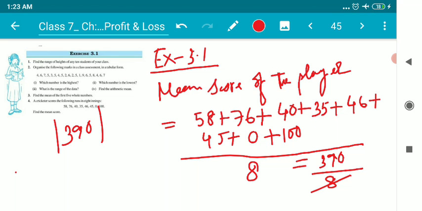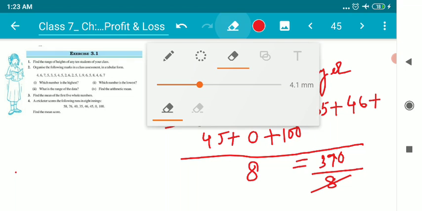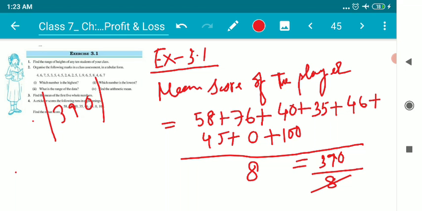So 390 divided by 8: 5 8s are 40, so I'll take 4 8s are 32, 7, I bring down a 0, 7 8 10s are 80, 8 9s are 72, 8 8s are 64.